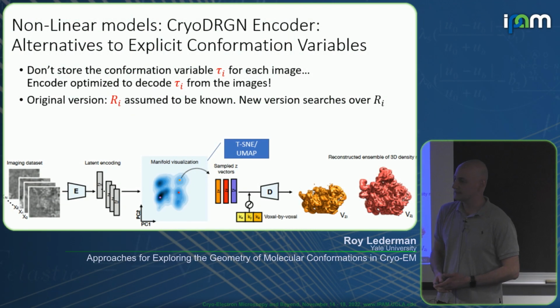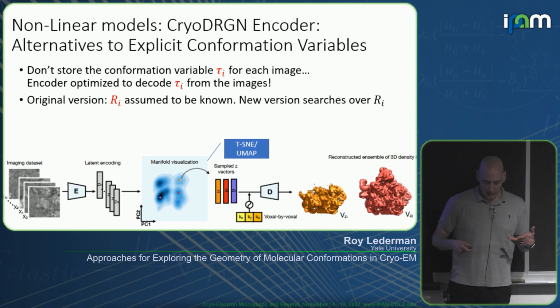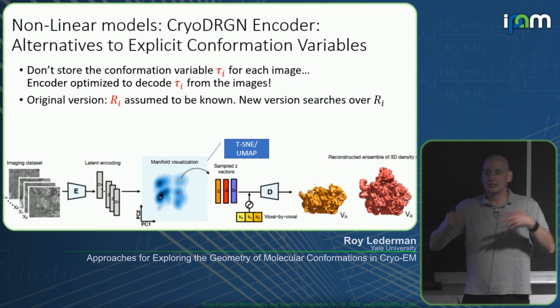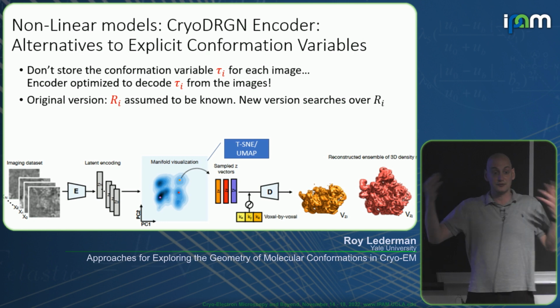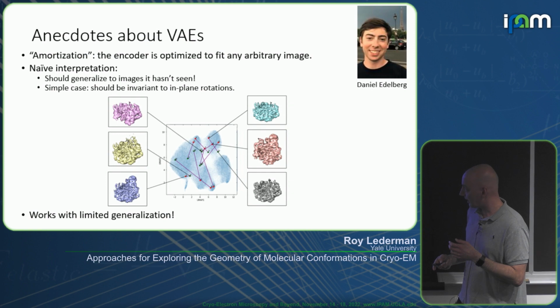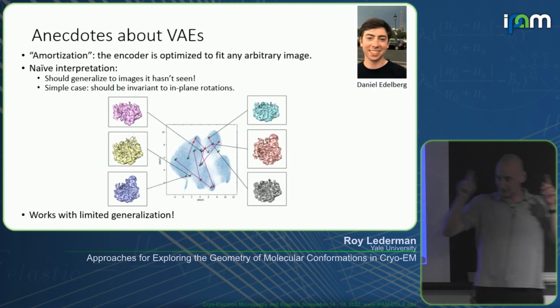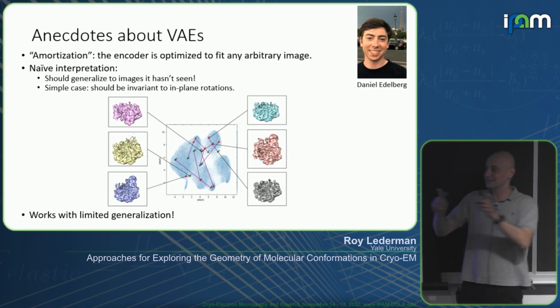And one of the nice things about this, in principle, is that at least naively you would expect that you can actually learn this variable for images that you've never seen. So I want to show you some anecdotal experiment with this. And again, this isn't about criticizing Cryo-Dragon, which is great.